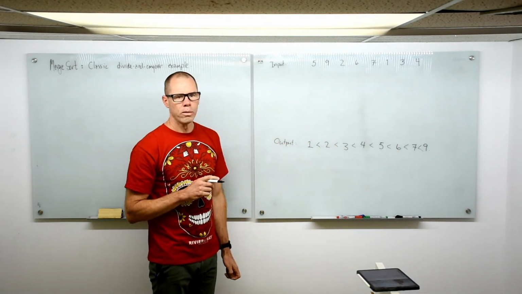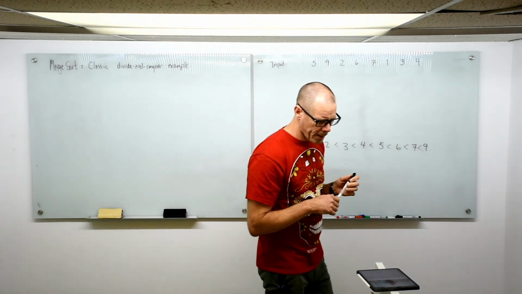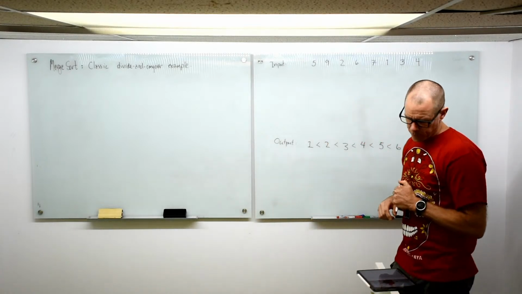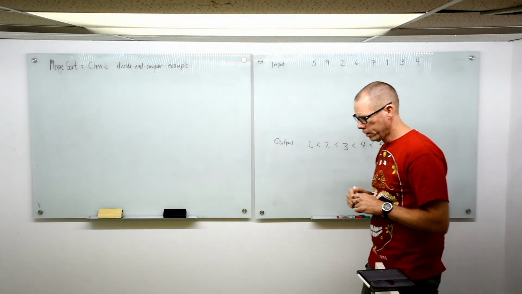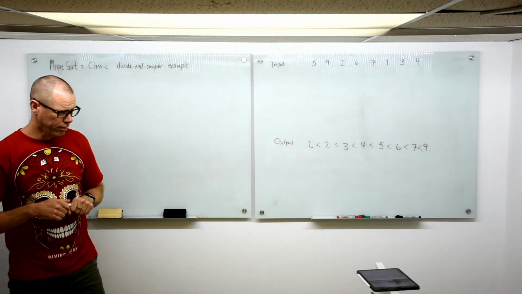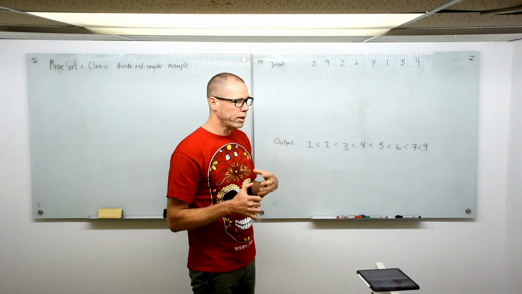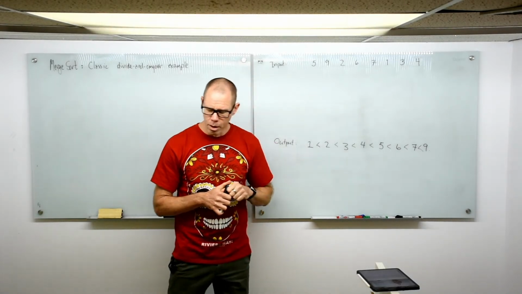If they're not distinct, you can just break ties any way you want. Okay. So hopefully the problem statement is clear, and hopefully you've seen sorting in some application before, or something that you've done before.